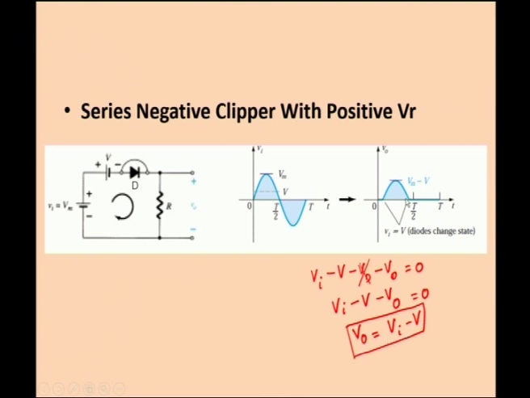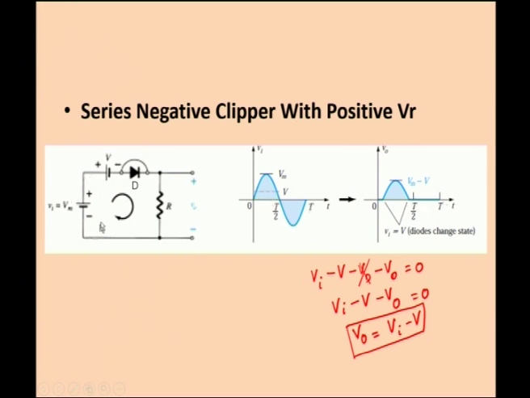So, at this point of V, we are getting output as 0, and after which also for the negative signals, the output is 0.